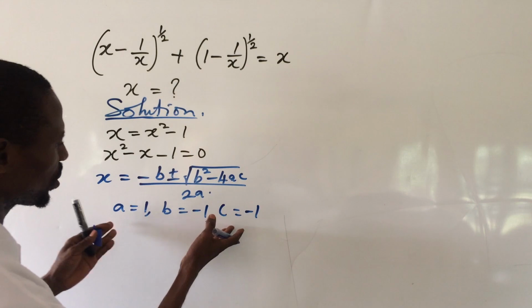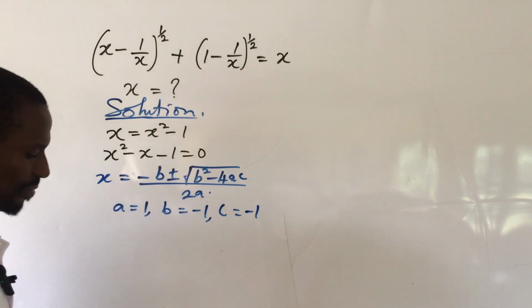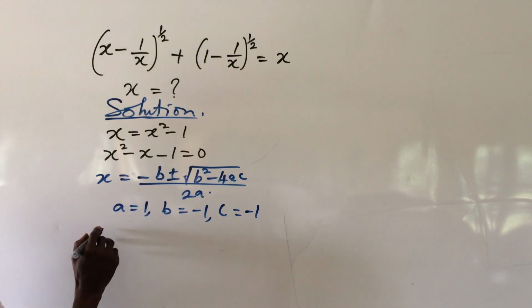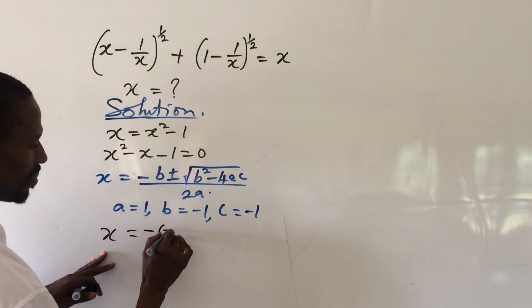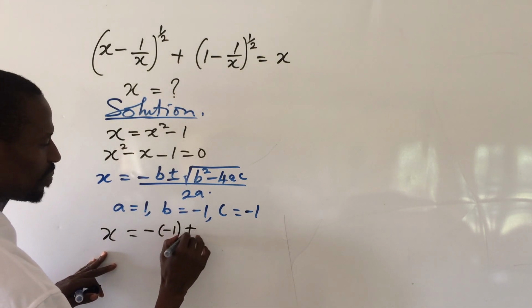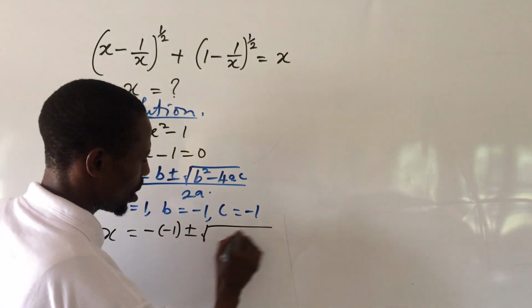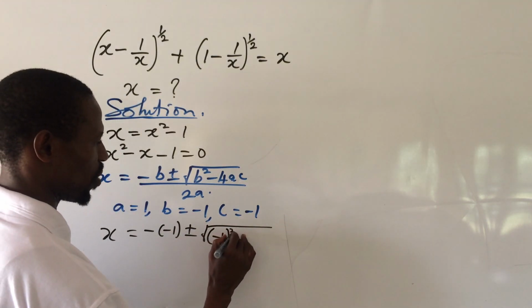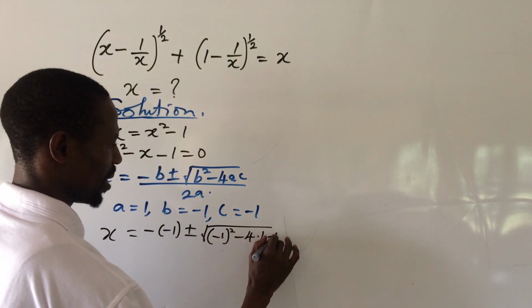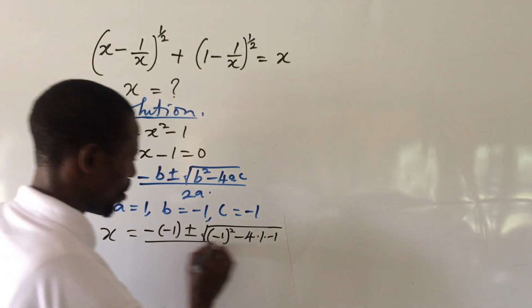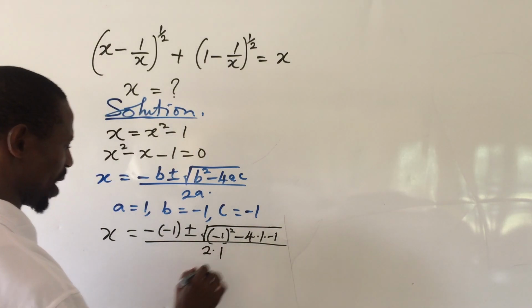If we put the values into our formula, we're going to have x equal to minus bracket minus 1 close bracket plus or minus the square root of minus 1 all squared minus 4 times 1 times minus 1, all over 2 times 1.